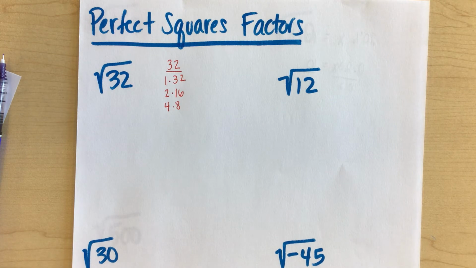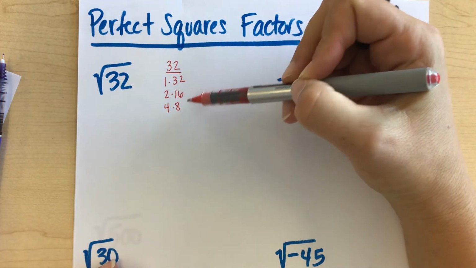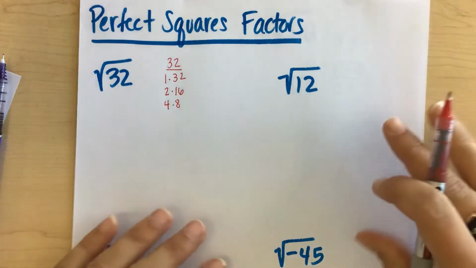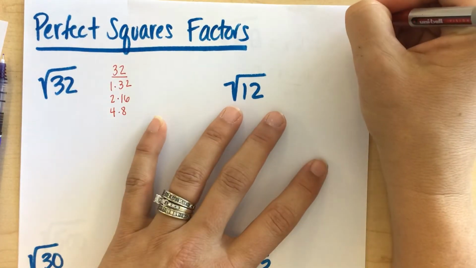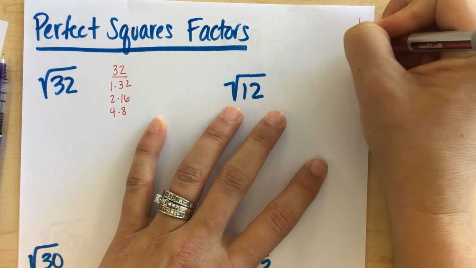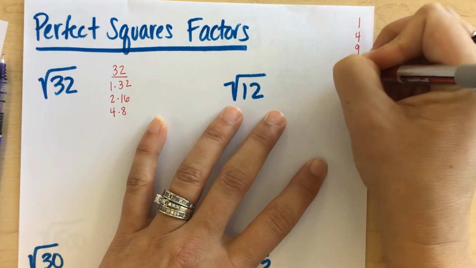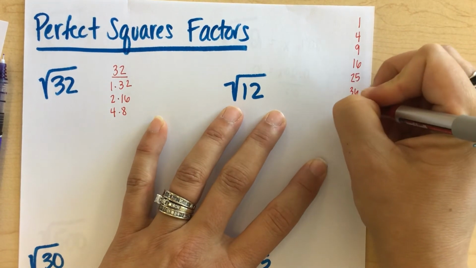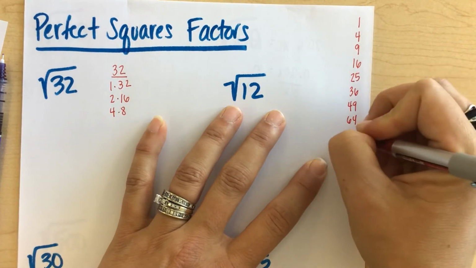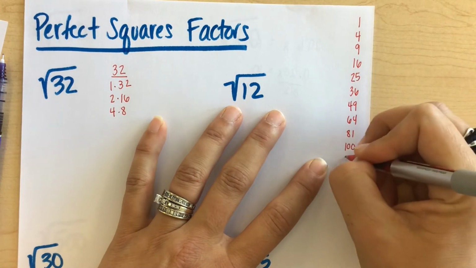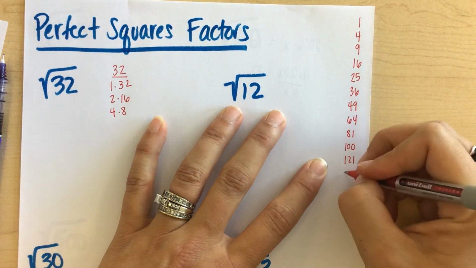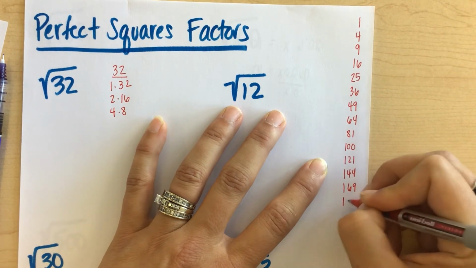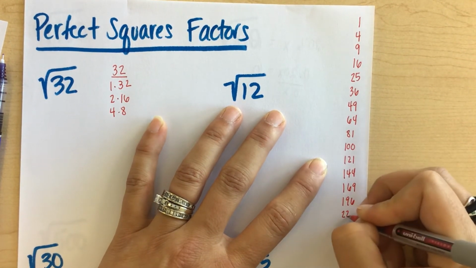So then I look at my factors list here, and I find the biggest number that is also a perfect square. Now, remember, our perfect squares means 1 times 1, 2 times 2, 3 times 3, 4 times 4, 5 times 5, 6 times 6, 7 times 7, 8 times 8, 9 times 9, 10 times 10, 11 times 11, 12 times 12, 13 times 13, 14 times 14, and 15 times 15.